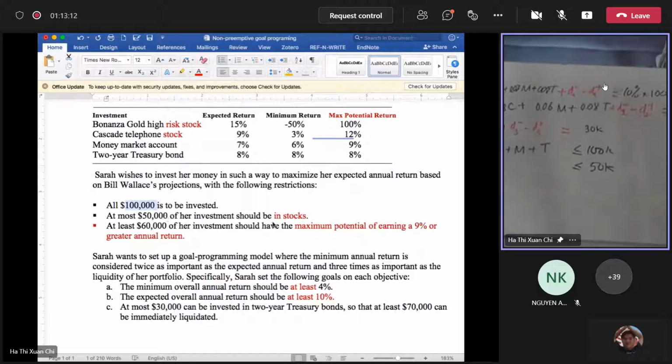In stock, everyone, two types of investment are in stock, that is B and C, right? B plus C, here B and C are in stock, at least greater than 60K.